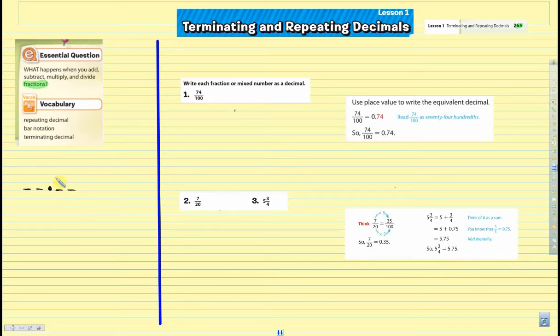The place values we're going to be talking about are ones place, tens place. That's on the left side of the decimal. The right side, we get into things like tenths and hundredths.